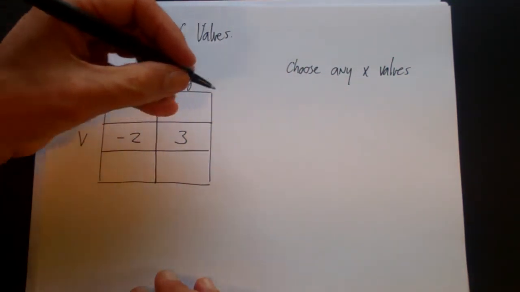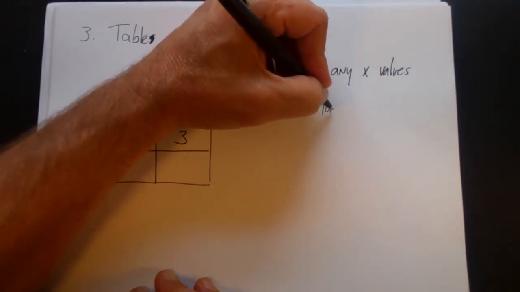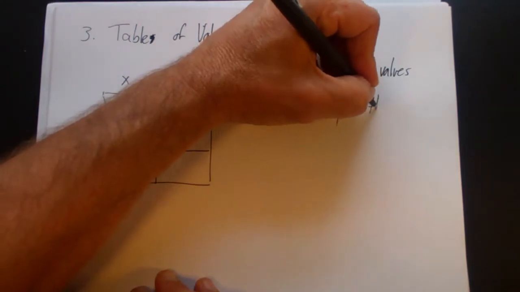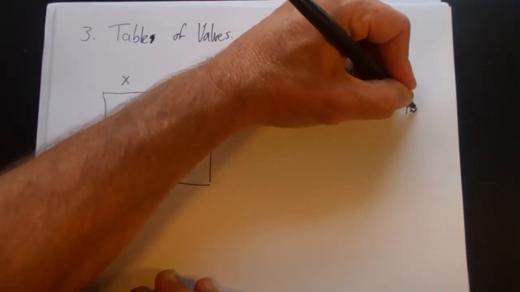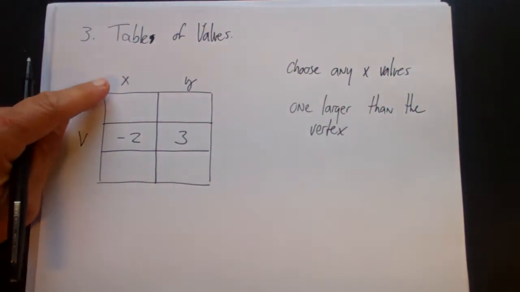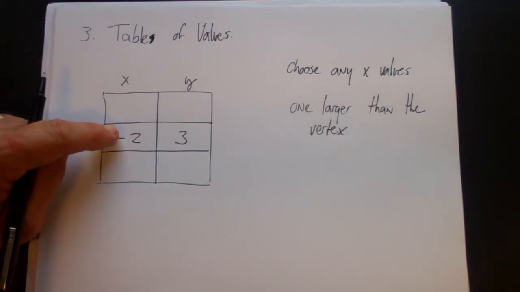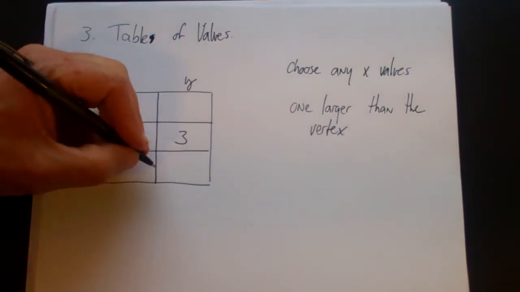Since I'm going to use 3 points, I'm going to choose one larger than the vertex, and it doesn't matter which one I choose. Here the x value of the vertex is minus 2, so I'm going to choose some number which is greater than minus 2. I'm going to choose 1.